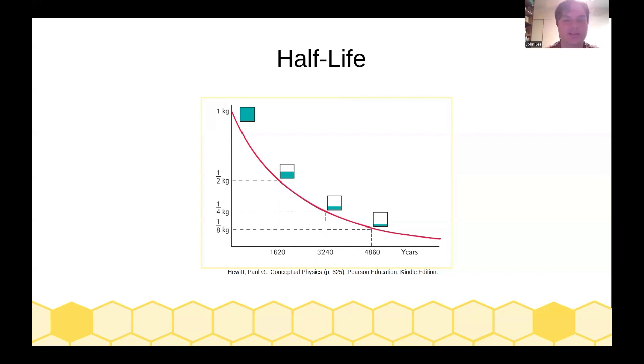And then this leaves us with a quarter of the original material. And then after 4,860 years, which is the third half-life, you have half of that quarter. So you have 1/8 of the original material over three half-lives.